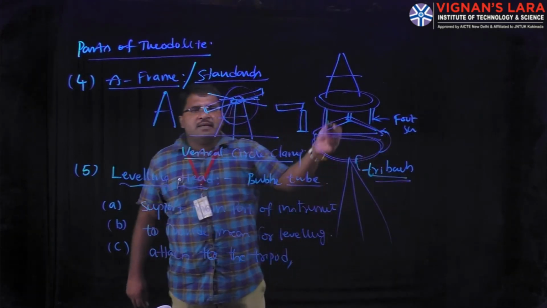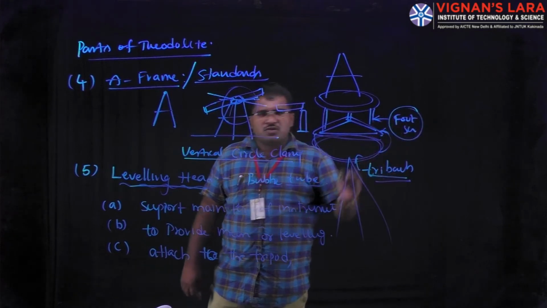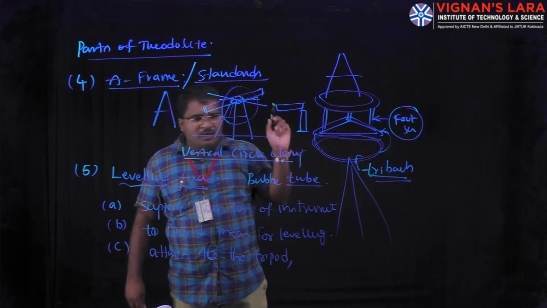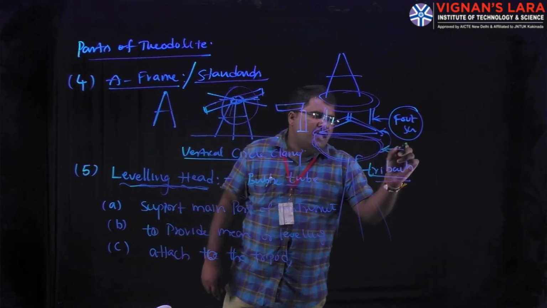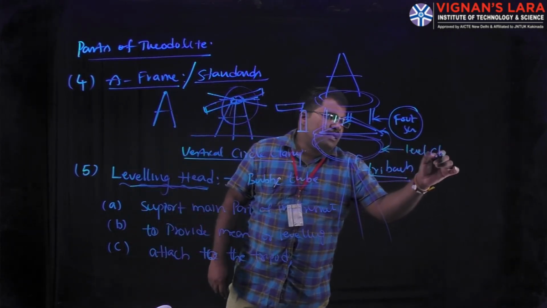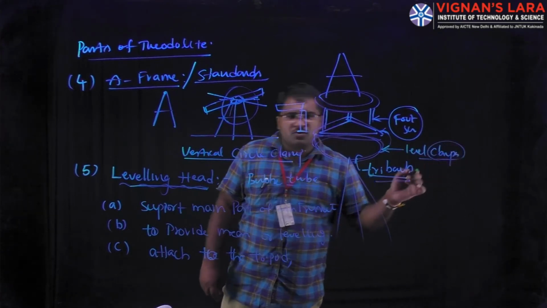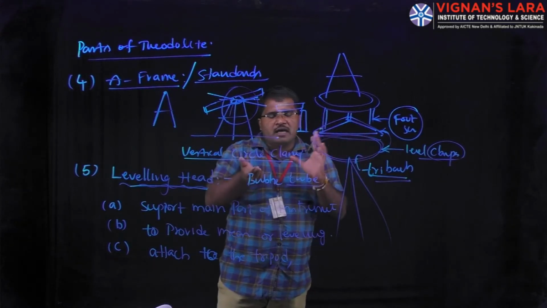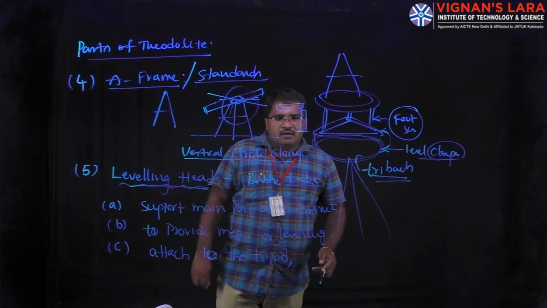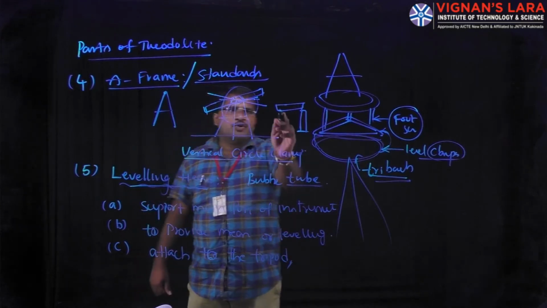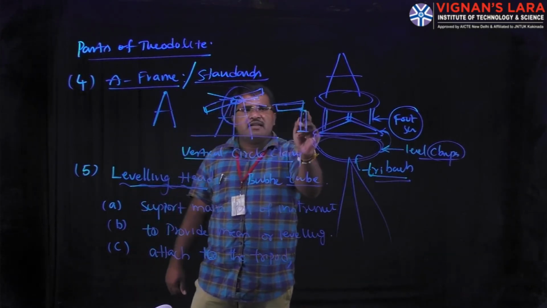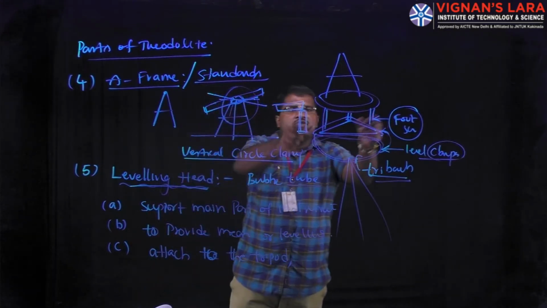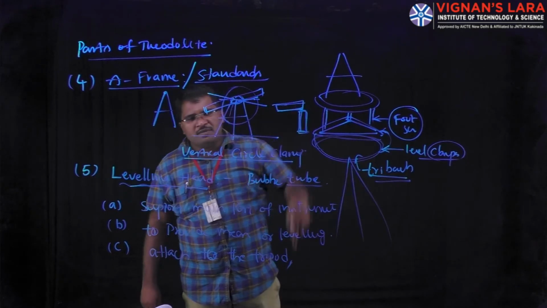The upper tribrach has the foot screws, and with the help of these foot screws we make the instrument leveled. The lower tribrach has leveling clamp screws, and with the help of the clamp screws we control the horizontal movement of the instrument. Here we also have two bubble tubes at right angles to each other, and with the help of the foot screws we level the instrument.